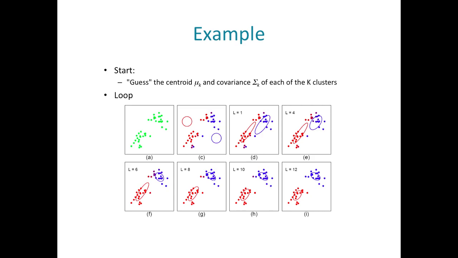In box D, we recompute, in the maximization step, the mixture parameters, and we compute again the probabilities, and so on and so forth, until, as you can see at L equals 12, the points have finally been separated, meaning that we have identified means and a covariance matrix for each cluster that maximizes the probability of the points being members of those two clusters. And in fact, we are able to separate the points in that manner and identify the two clusters that we set out to identify.